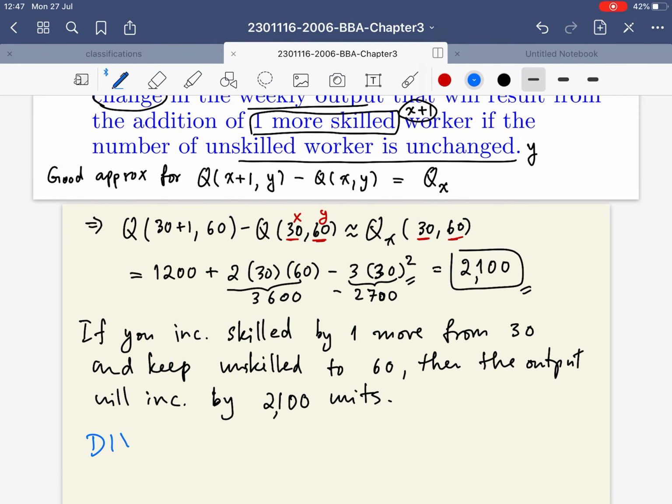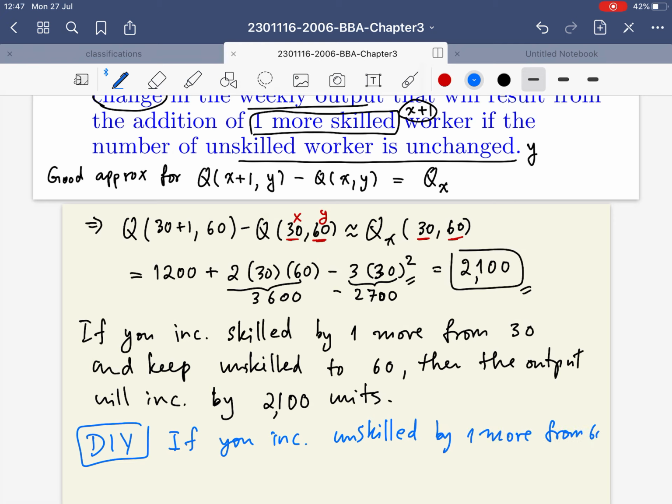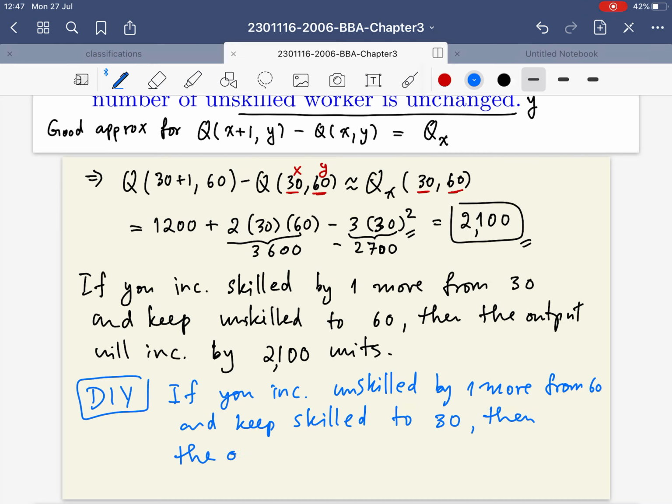What we would like you to do is the other way around: increase your unskilled workers by one more from 60 and keep the skilled the same at 30. Then we still don't know whether the output increases or decreases, or by how many units.